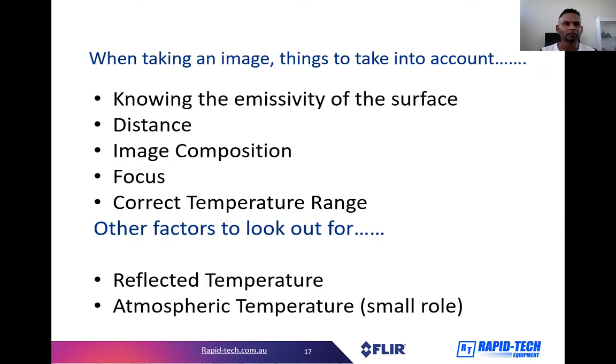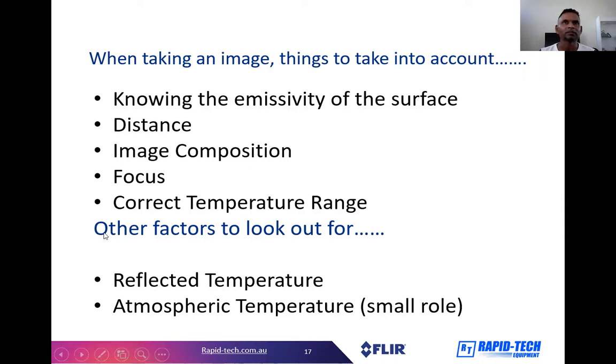Another factor to look for is reflected temperature, so understanding what other heat sources are around you, because they would be emitting some infrared energy as well, and may be contributing to whatever surface you're looking at. So just understand what kind of environment you're working in, and the atmospheric temperature, which plays a small role, in warmer conditions and things like that.